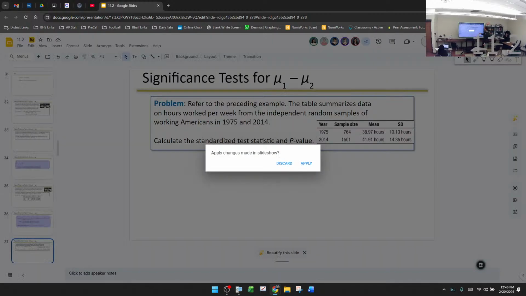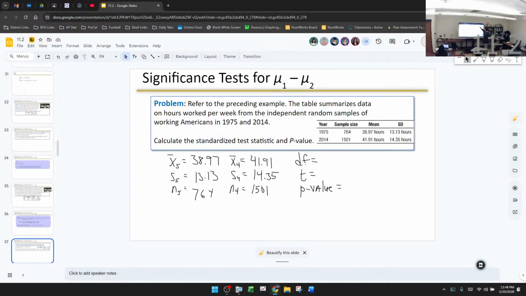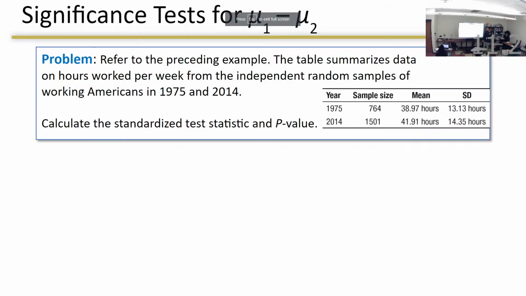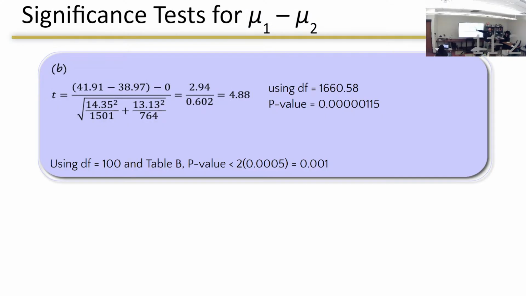You can write the formula if you want to. That's what they did. They wrote the formula, plugged all the values in, and got that 4.88. Theirs was positive 4.88. We got negative because they flipped everything. Doesn't matter. It's a two-tailed test.